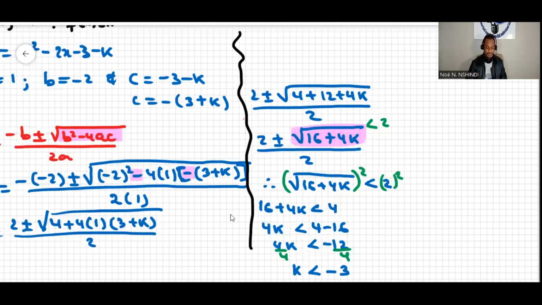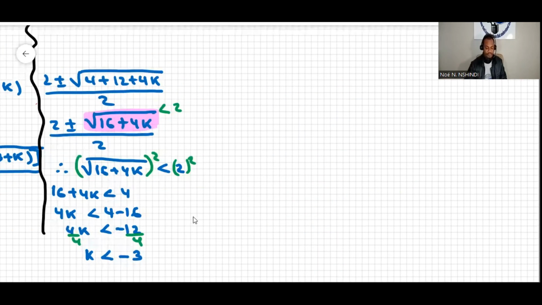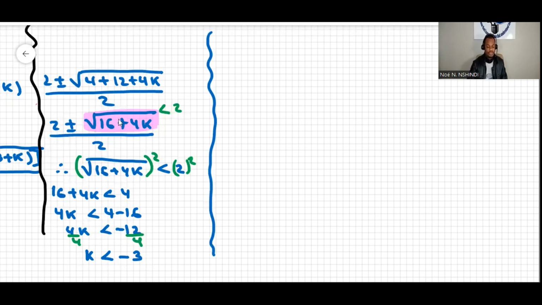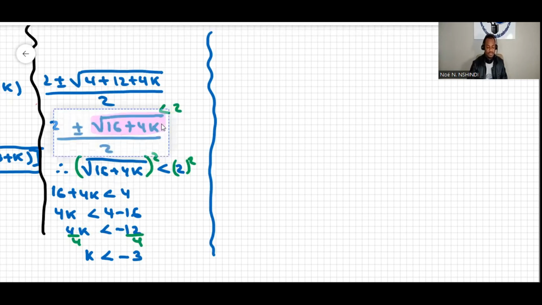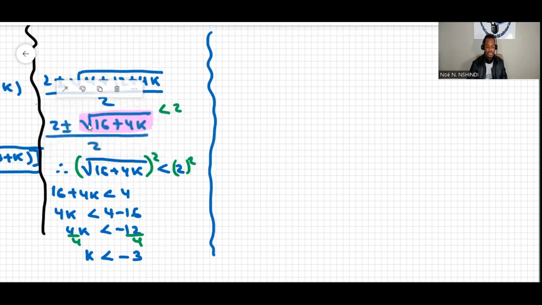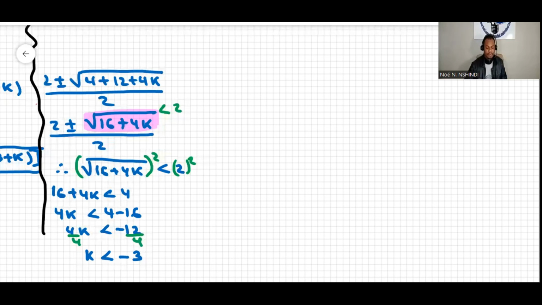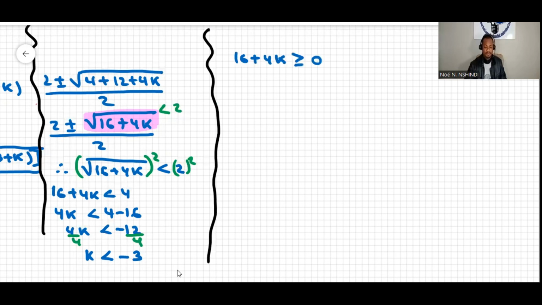Now on the other hand, the contents of the square root here, 16 plus 4k, must also be greater or equal to 0, because if it is lesser than 0, the square root will not be real anymore.